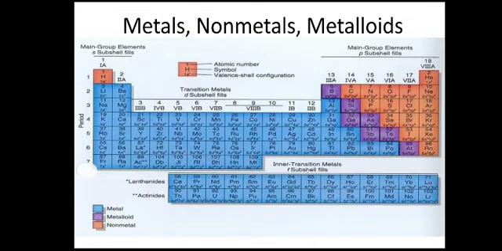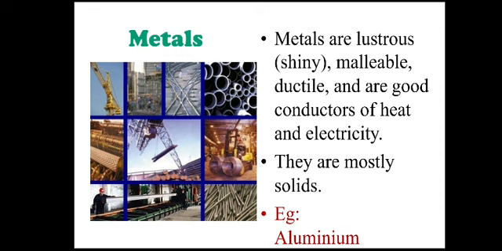So, all the 118 elements are classified into metals, non-metals and metalloids. What is a metal? Let us see that now. A metal will be shiny and it can be drawn into sheets or into thin wires.